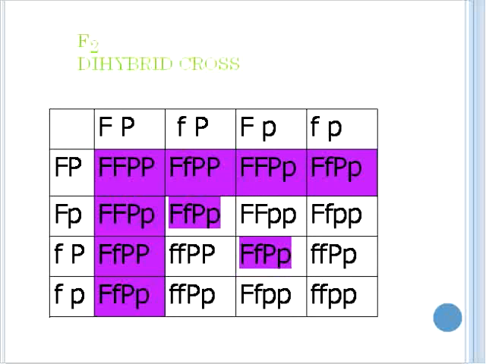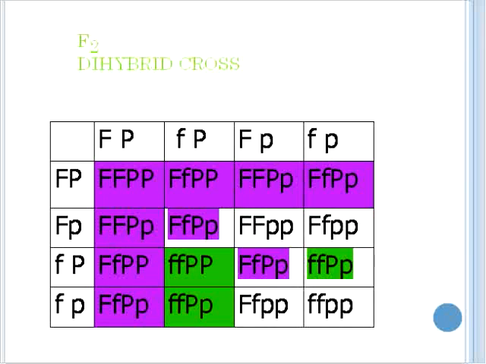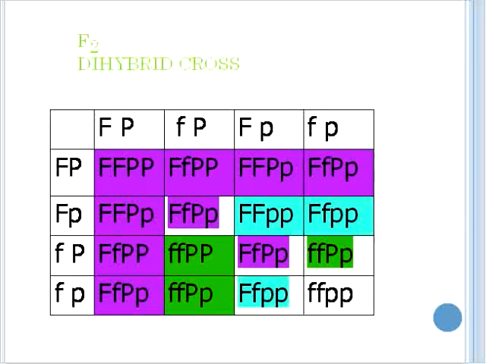In this case, we have 9 individuals which are flying in purple, 3 individuals which are walking in purple, 3 other individuals which are flying in orange, and 1 individual which is walking in orange.